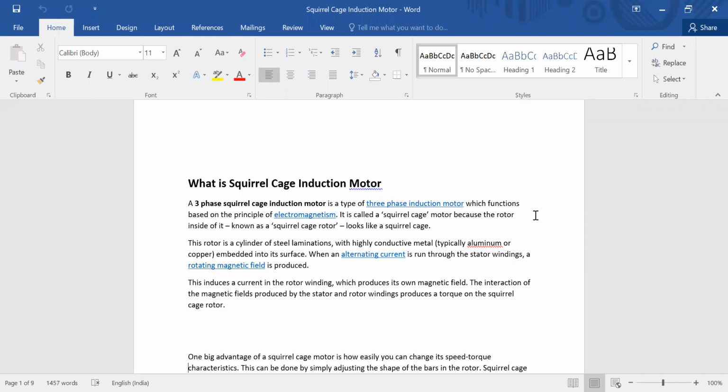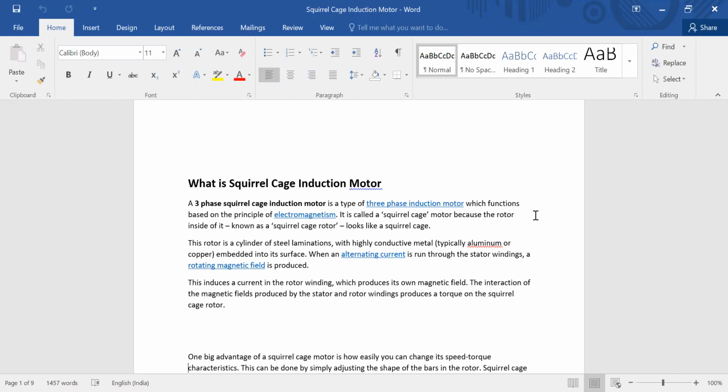The squirrel cage rotor is made up of silicon steel laminations, with a highly conductive metal, typically aluminium or copper, embedded into its surface.